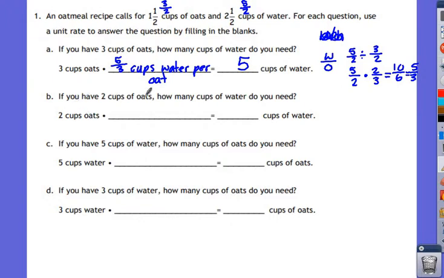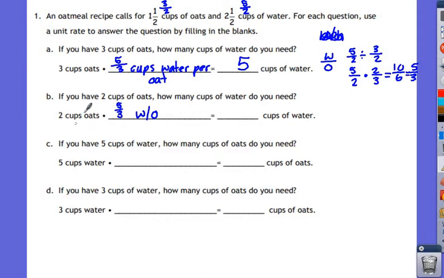B, if you have 2 cups of oats, how many cups of water? This is almost the same type problem. Well, I've already found kind of a scale factor in A, so I'm using that same 5/3. No need for me to do that again. This was water per oats. Math people are lazy, so I'm being lazy.